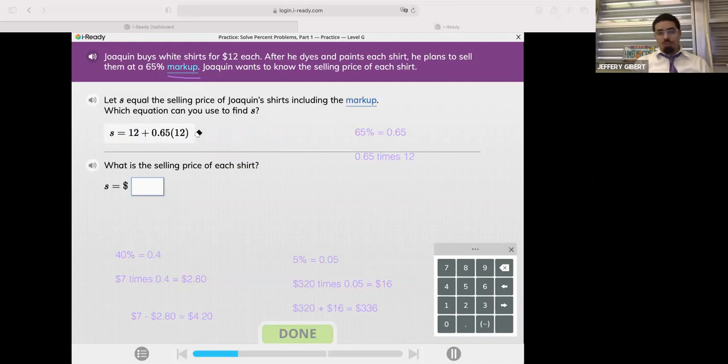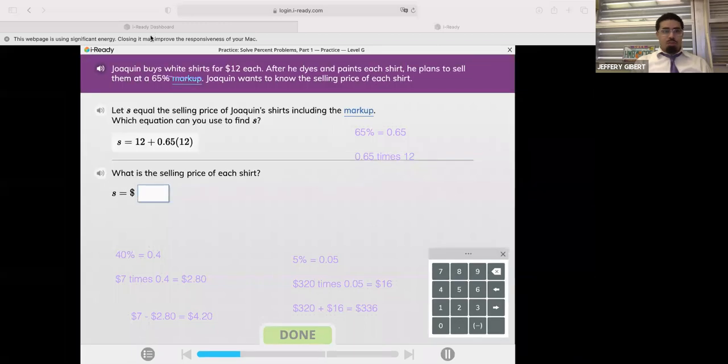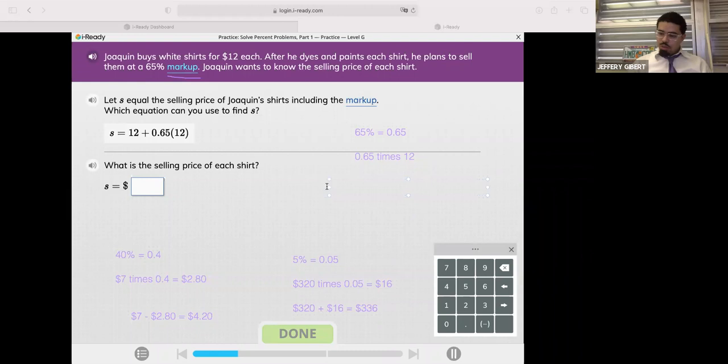We have to do 0.65 times 12, and then whatever that is, we add it to 12. So 0.65 times 12 equals 7.8. Then you do 12 plus 7.8, which equals 19.8. All right, so Manaya was right. So in money that is $19.80.